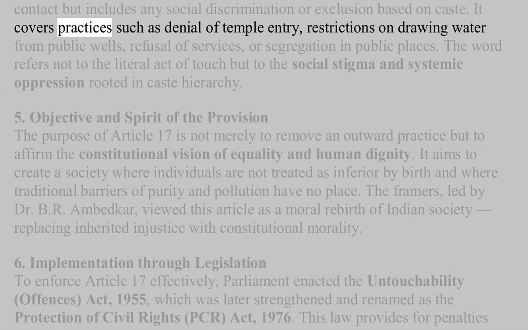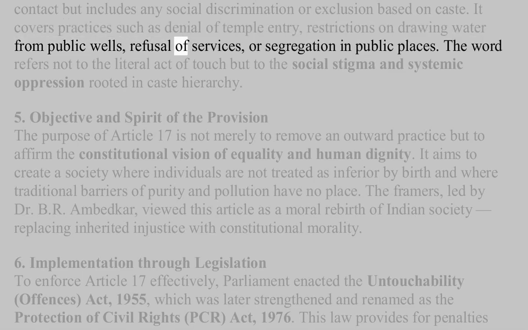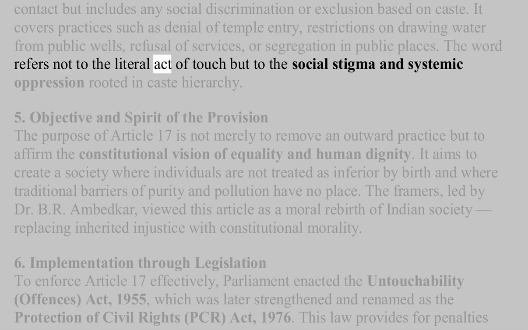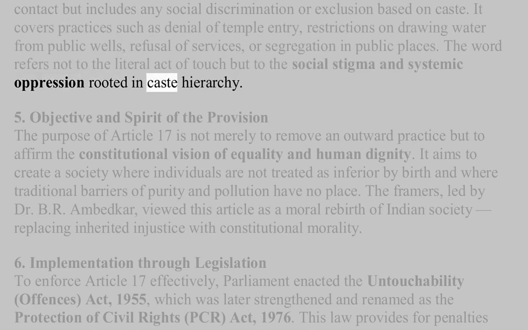It covers practices such as denial of temple entry, restrictions on drawing water from public wells, refusal of services, or segregation in public places. The word refers not to the literal act of touch but to the social stigma and systemic oppression rooted in caste hierarchy.